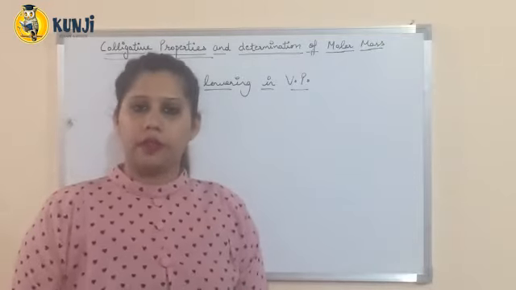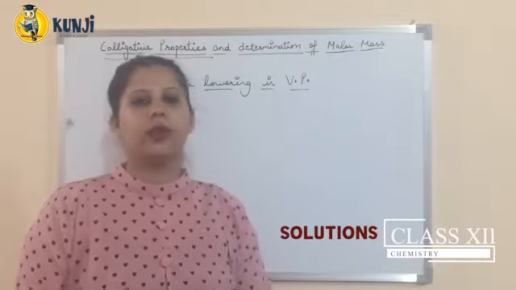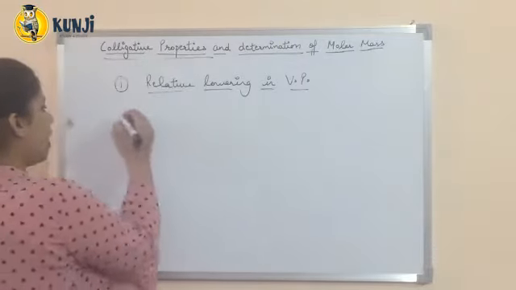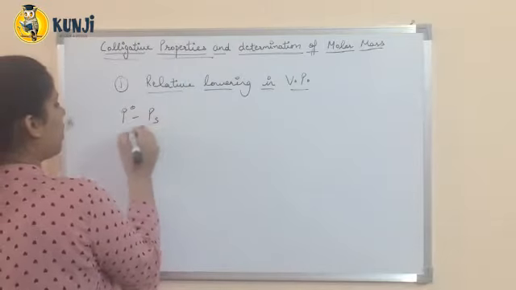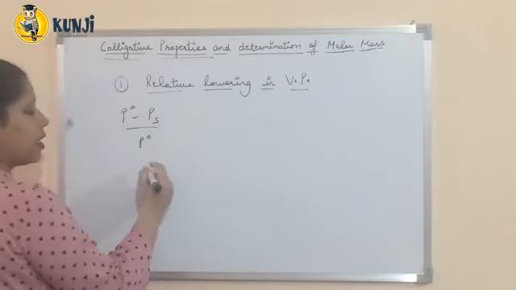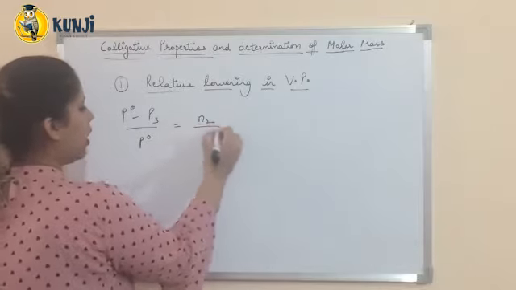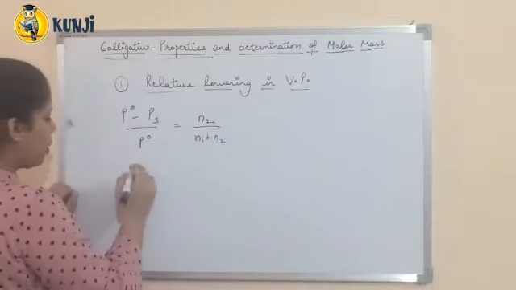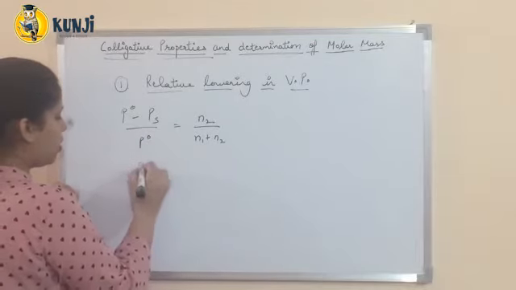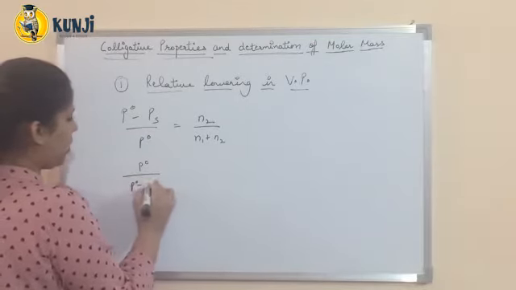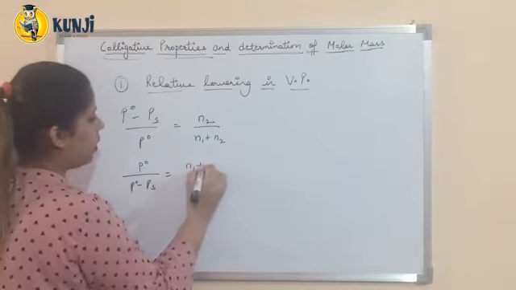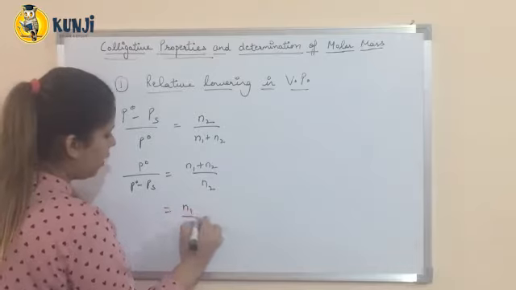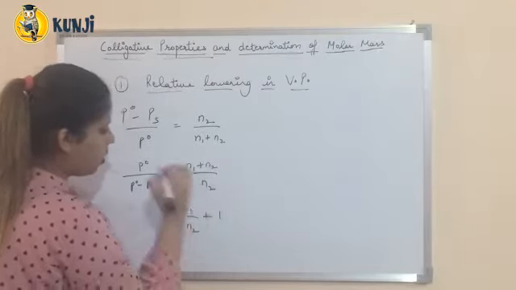Quite often it becomes difficult to decide whether N2 should be neglected or not. So for that we must derive one more formula. First of all we'll write the general formula P0 minus Ps upon P0 is equal to N2 over N1 plus N2. Now take the reciprocal of LHS and RHS. So we'll get P0 upon P0 minus Ps is equal to N1 plus N2 over N2, which is N1 over N2 plus 1.